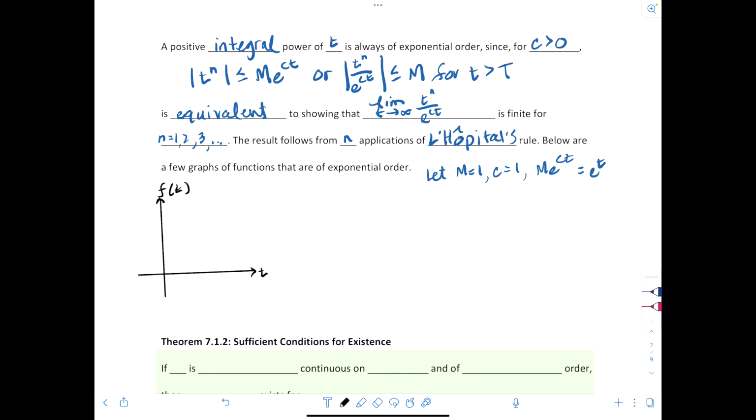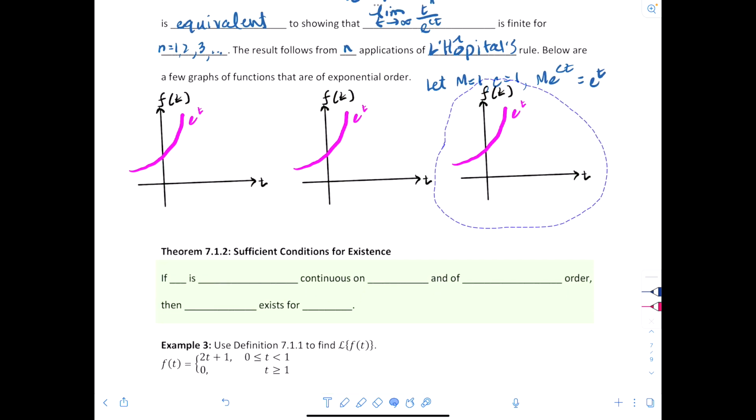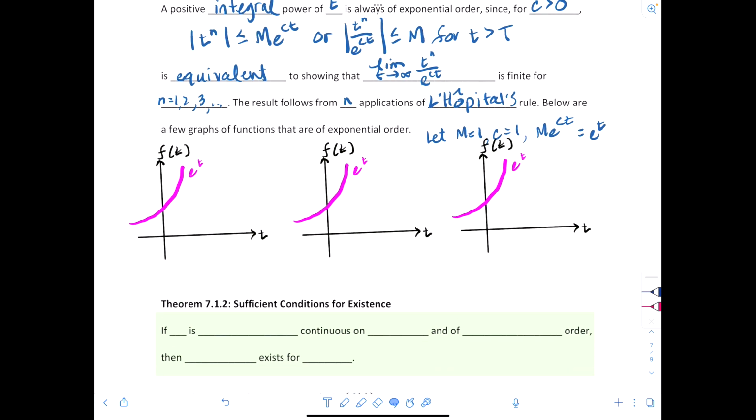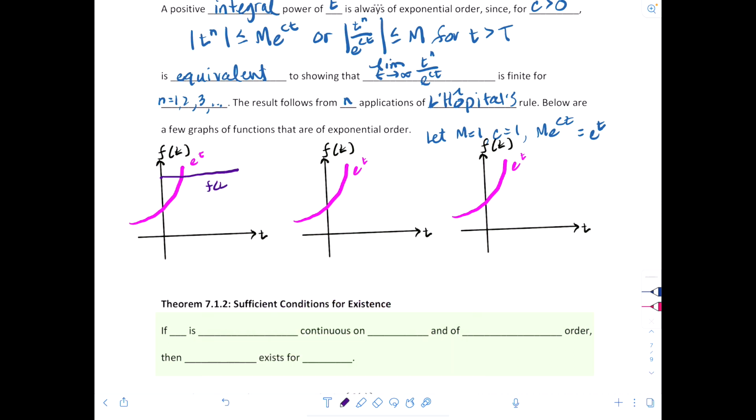We'll compare them all to just e to the t. Our different f of t's were, remember, f at t is 2. We had found the Laplace transform of 2. So that would go through here, something like that. And this was for f at t equal to 2.